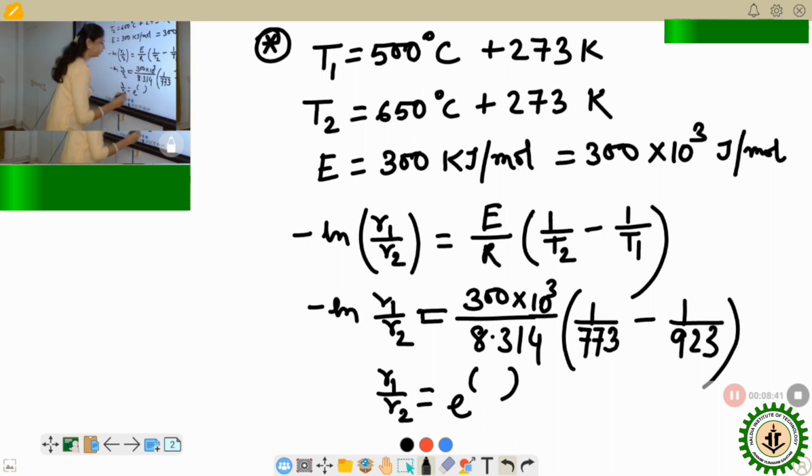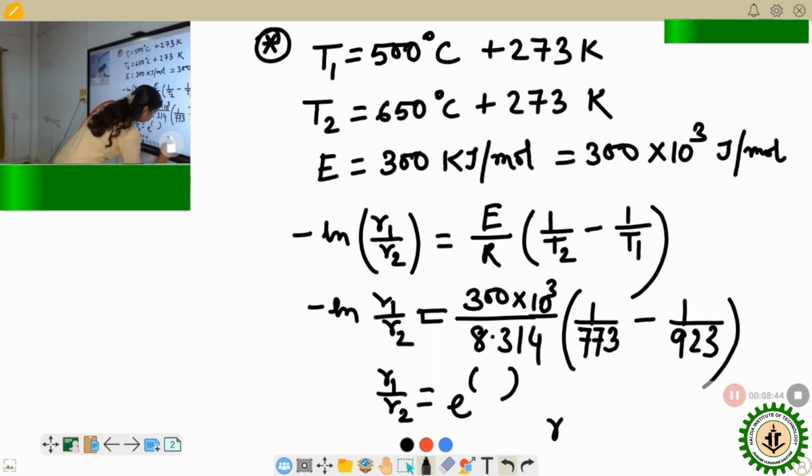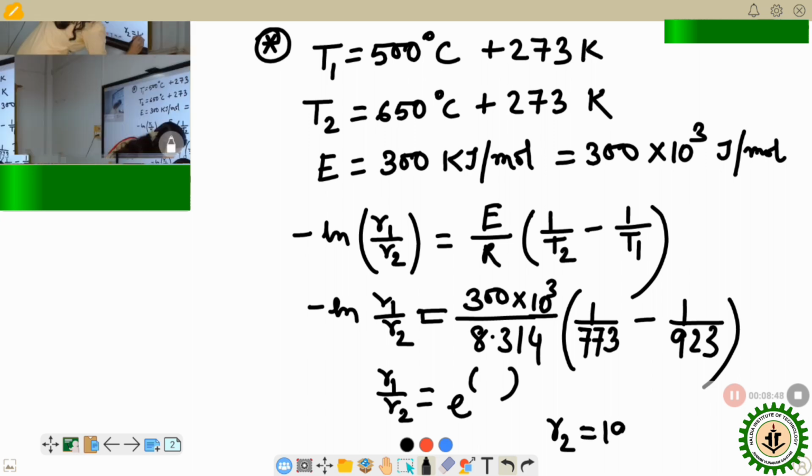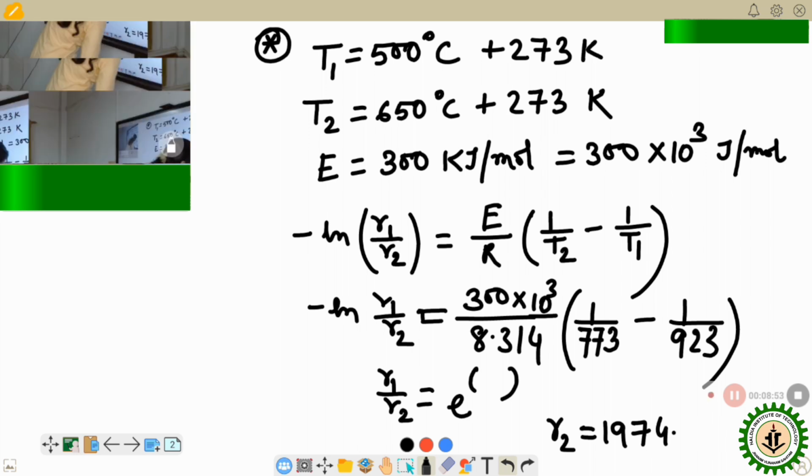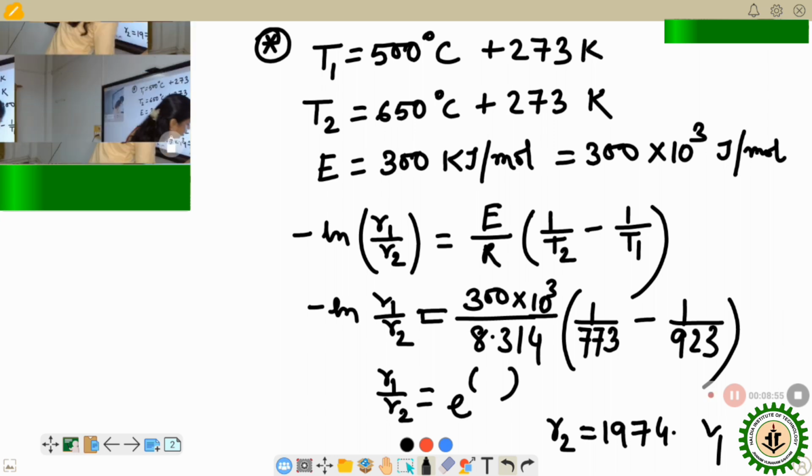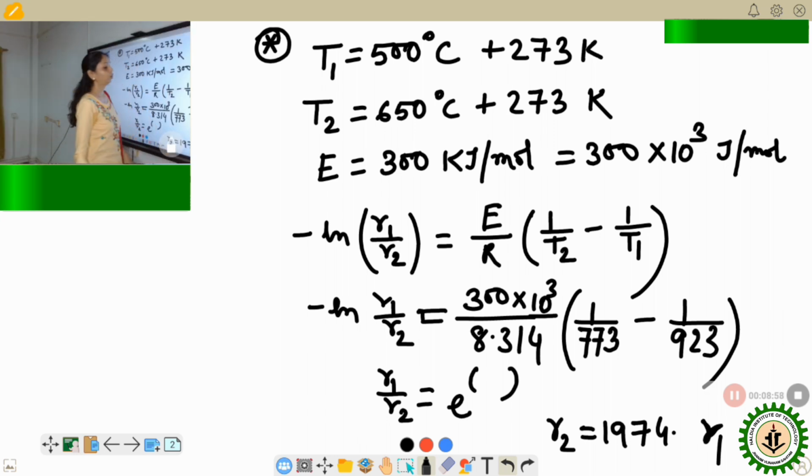We finally get R1 and R2 ratio as something like 1974 point something. So what we can say is that at 650 degrees centigrade, the rate will be 1974 times faster than at 500 degrees centigrade. Fine.